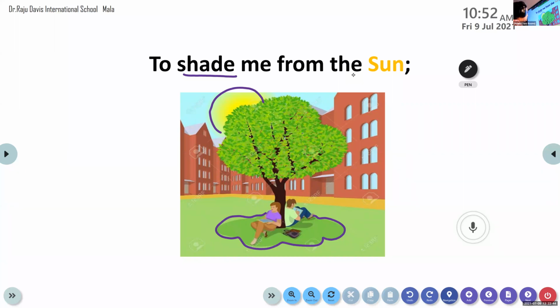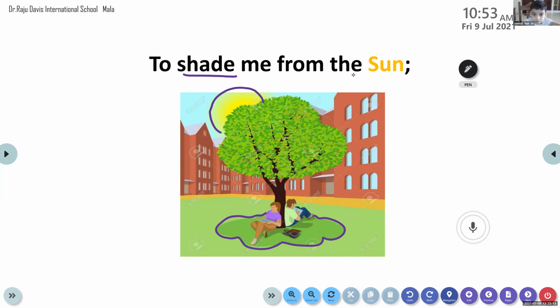That is the reason these two people are coming and sitting in the shade of the tree. Shade. Repeat the word shade. Shade of the tree. Yes, very good.